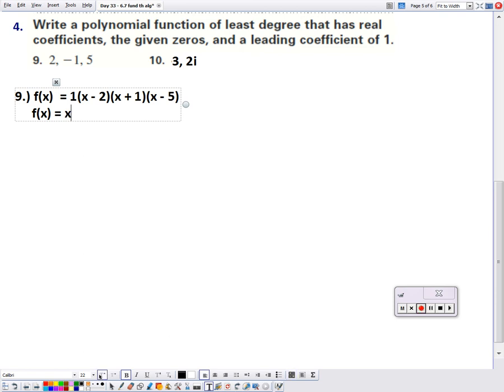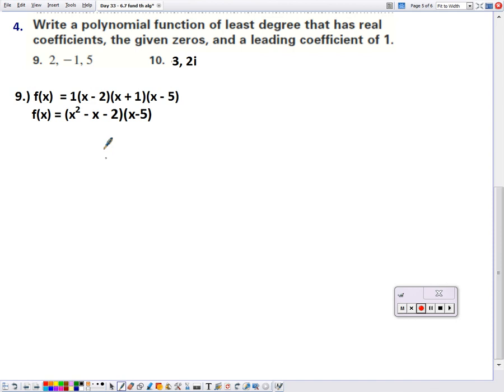x squared minus x minus 2. And we're going to multiply that times x minus 5. So first I'm going to distribute the x, again, just like we did before, and we're going to get x to the third minus x squared minus 2x.